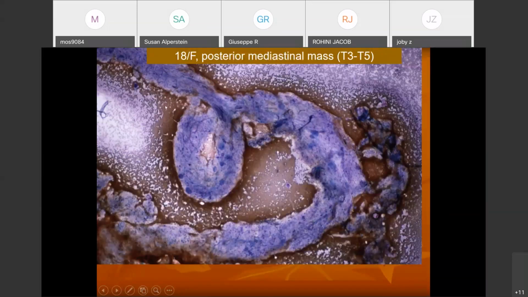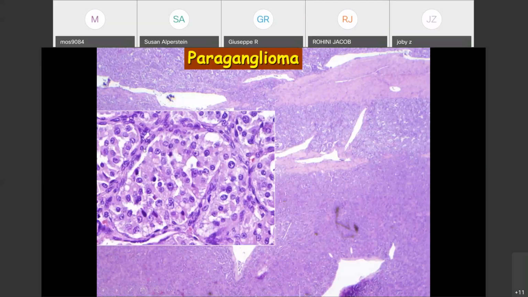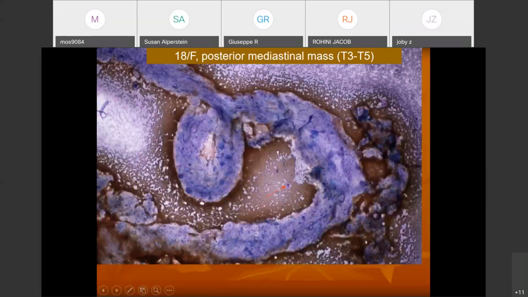Here's a young woman with a posterior sinus mass. You see all these things, and then little dots pop up. Something pops out, like ganglion pops out.